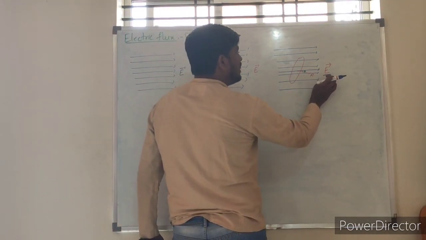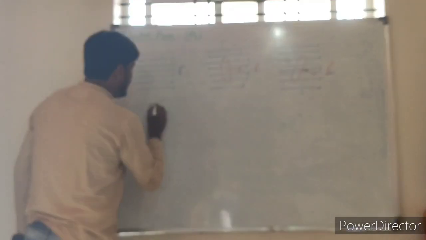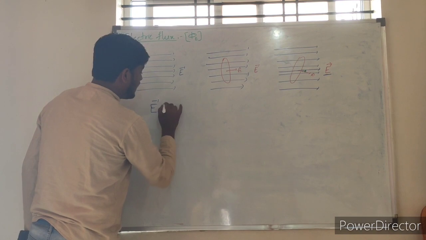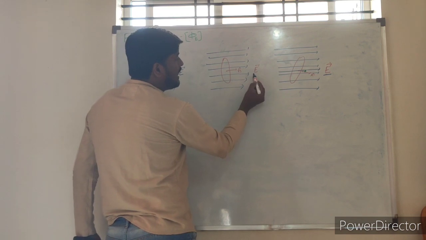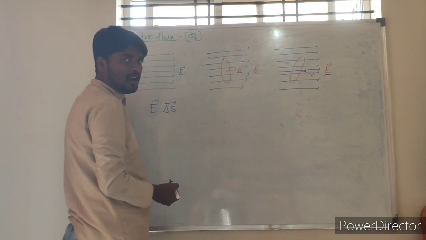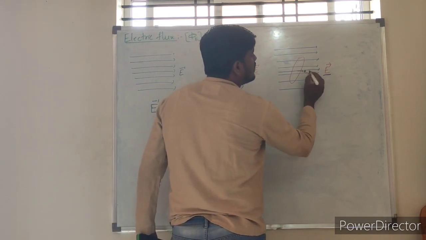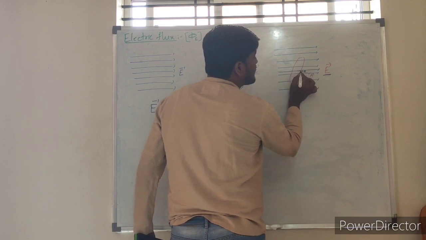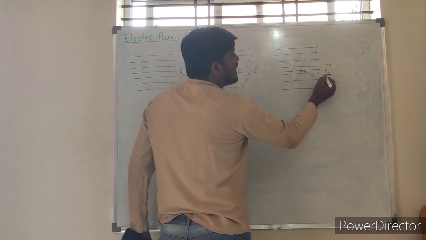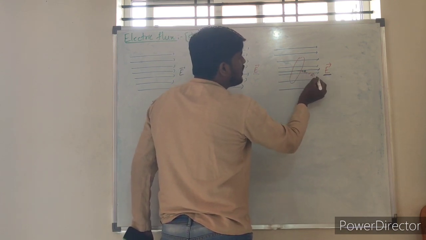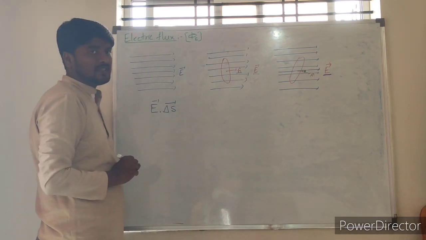Suppose I multiply this electric field by this area, that is, electric field and surface area delta S. When the angle between the electric field and the normal of the surface is zero, that is, parallel, the maximum number of lines are passing. If not parallel, only a few lines are passing through this. So it purely depends on the direction of the surface area, that is, theta.